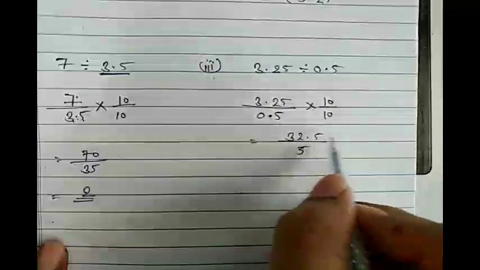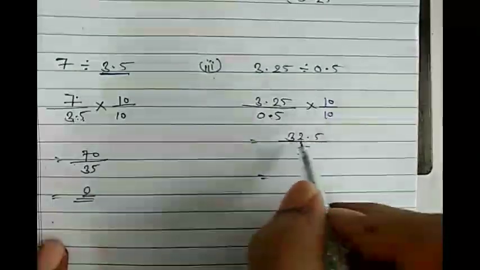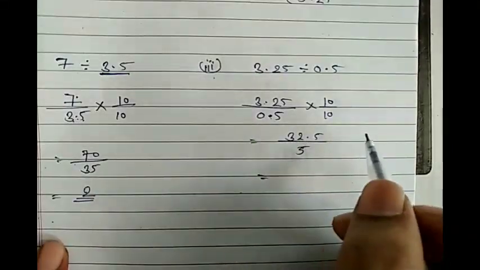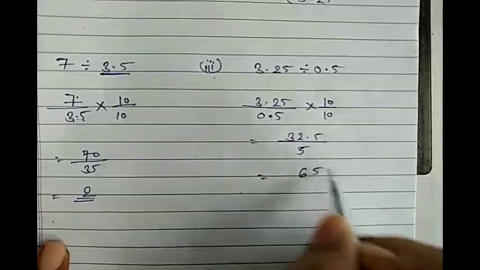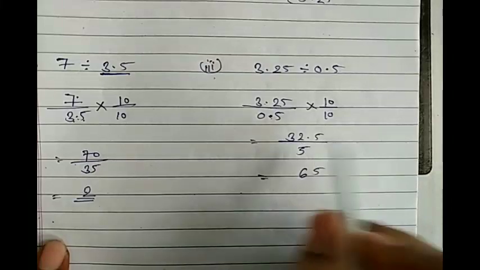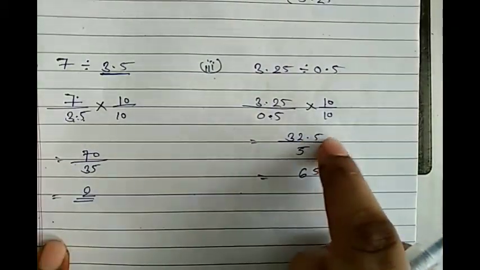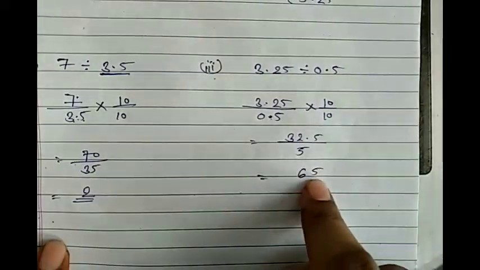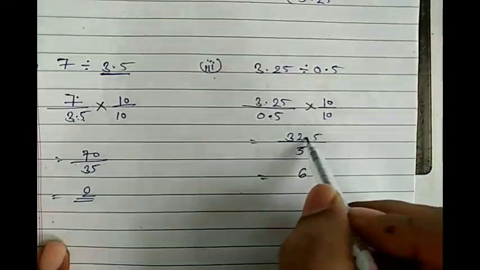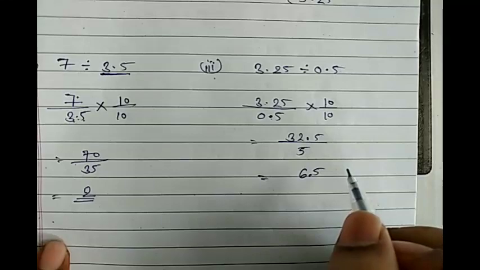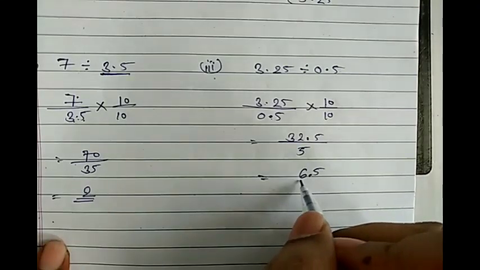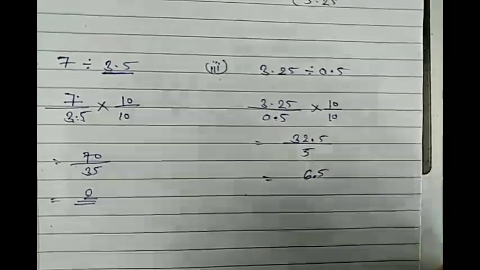Now divide 32.5 by 5. When we divide 325 by 5, we get 65. Just ignore the decimal. 325 divided by 5 is equal to 65. There is one digit after the decimal, so we put the decimal right over here. So in the answer, we also require one digit after the decimal.